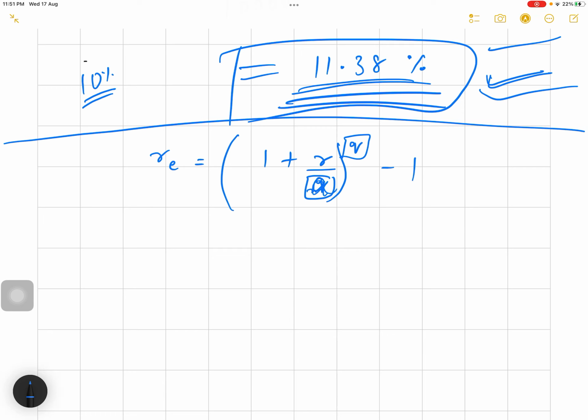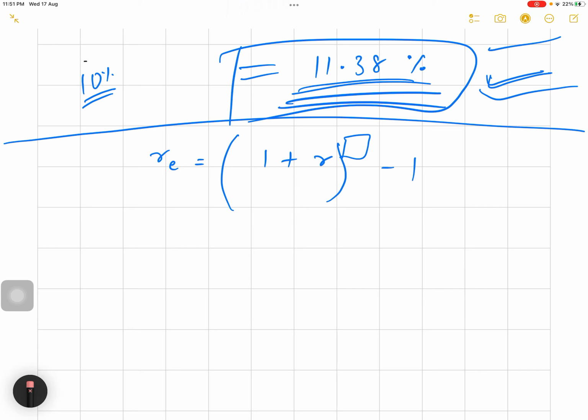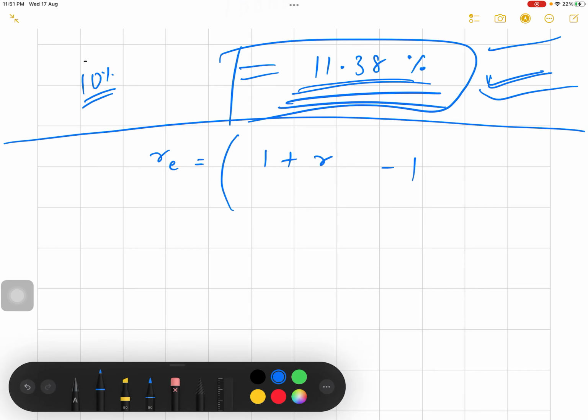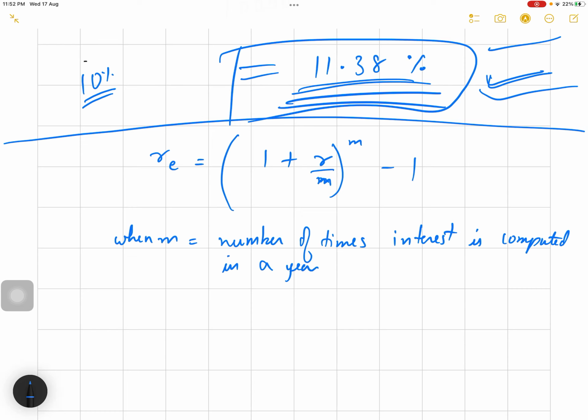You can write any alphabet: M, Q, A, B, whatever. So you can write it as (1 + R/M)^M - 1, where M is equal to the number of times interest is computed in a year.